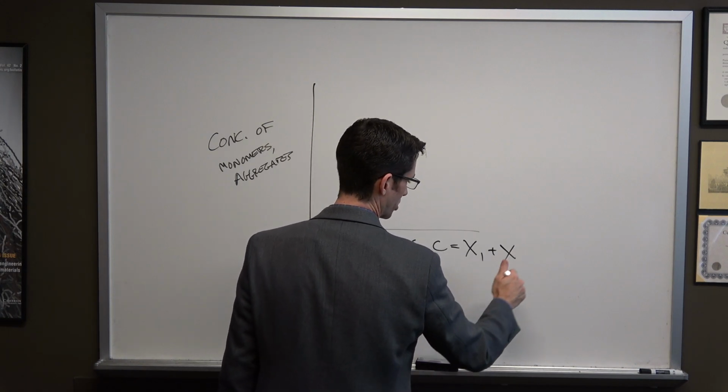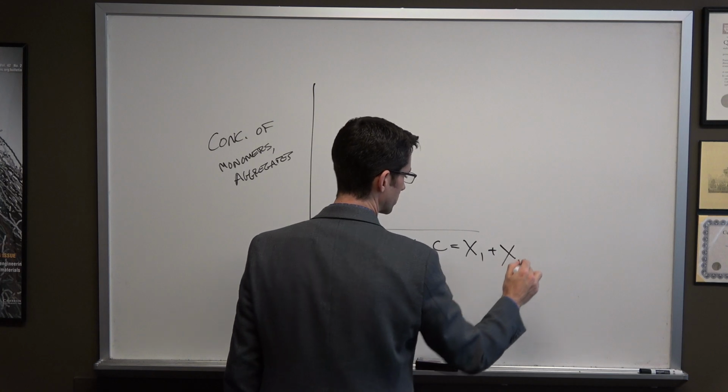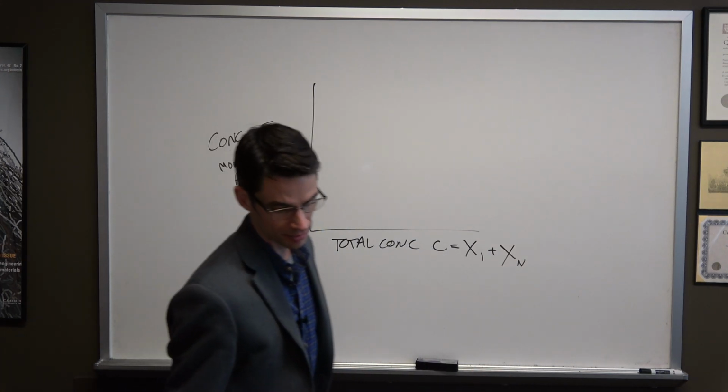So n for a monomer would be 1, for a dimer would be 2, and so on.